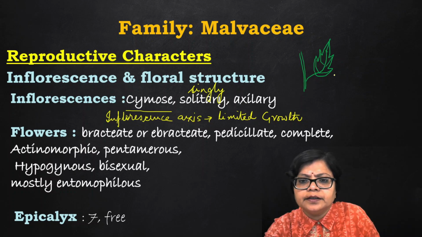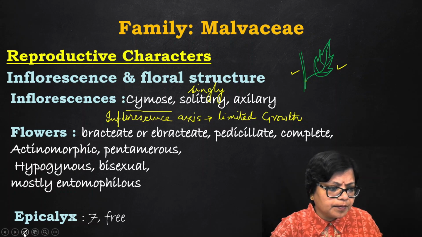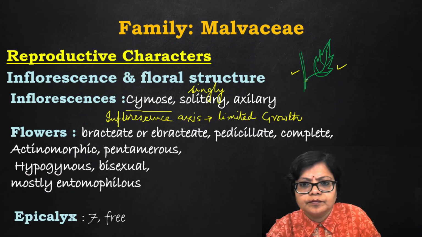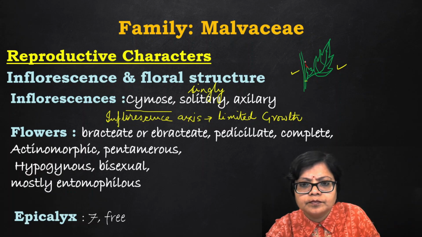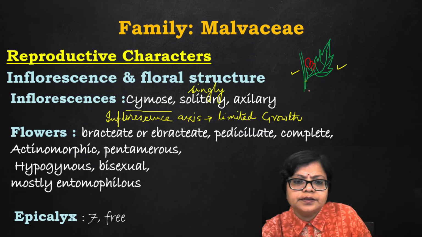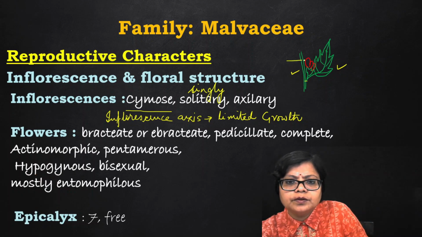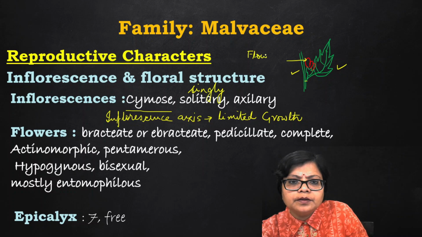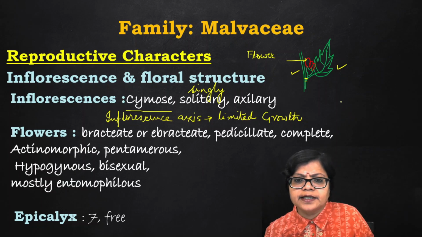Axillary means that this is leaf, this is the stem, this is the nodal region. And this is the flower. So this flower develops in the axils of the branch or the leaf and the stem. So this is the axil. That's why it is considered as axillary in nature.